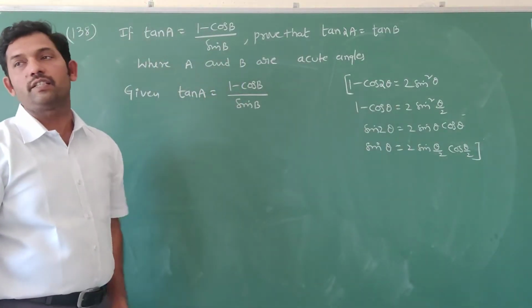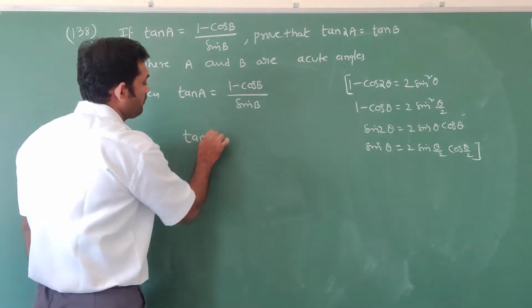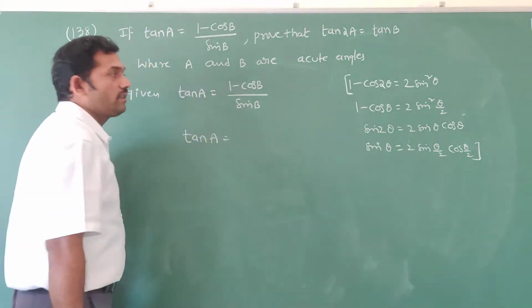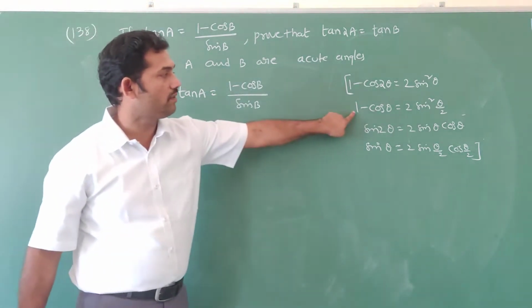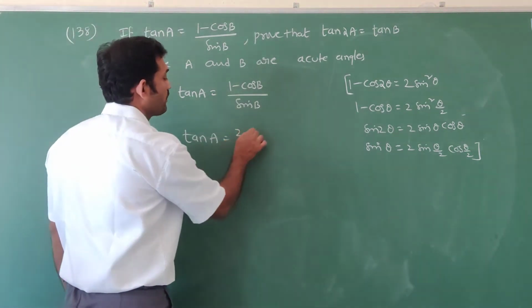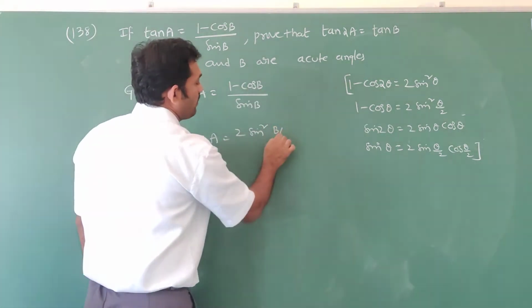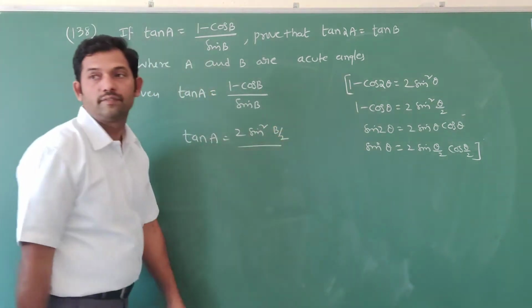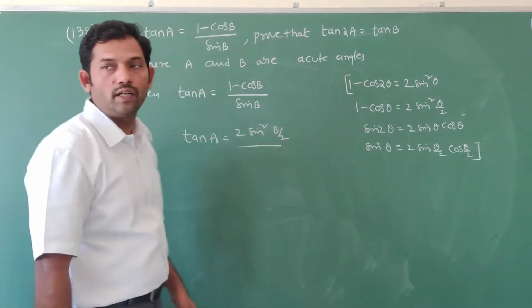Using those formulas, we have to simplify this. So tan A equal to 1 minus cos theta formula you have to compare. So what happens? 2 sin square theta by 2 is there. Same like this, sin theta formula you have to compare.